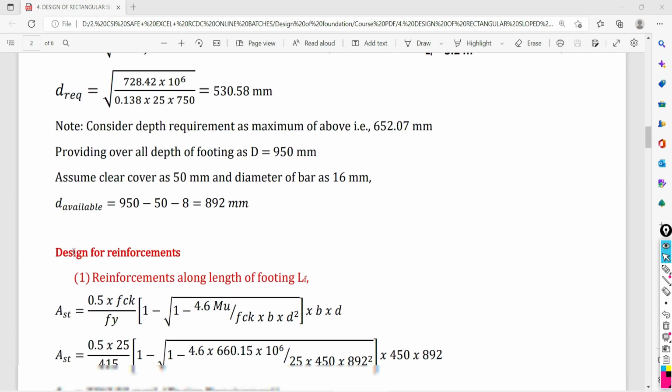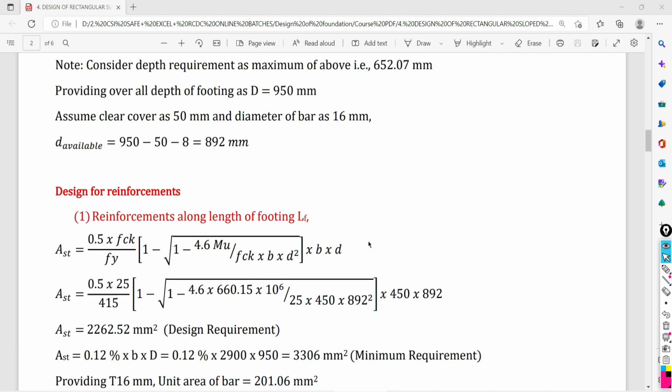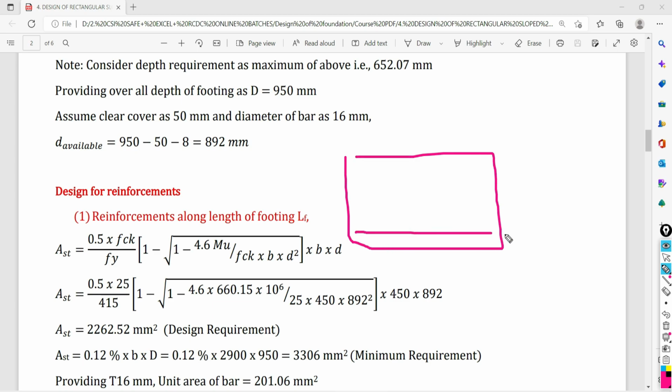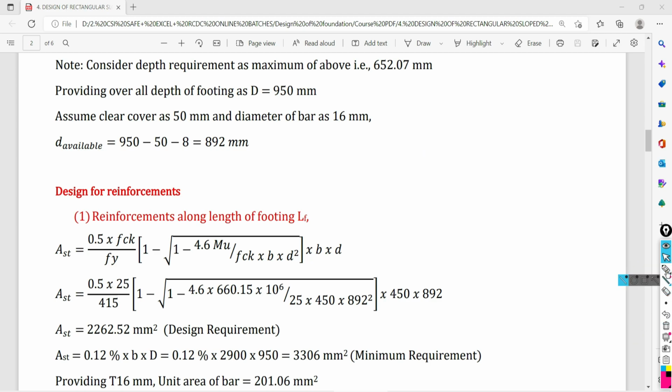After knowing the effective depth, now I want to calculate how much reinforcement is required along the length of the foundation and how much reinforcement is required along the width of the foundation. In both of the directions, I want to calculate the reinforcement requirement. And the formula for calculating the reinforcement requirement is what? Ast equal to 0.5 FCK divided by FY inside bracket 1 minus square root of 1 minus 4.6 times the ultimate moment in the considered direction.